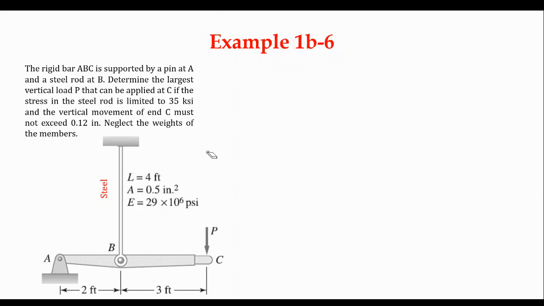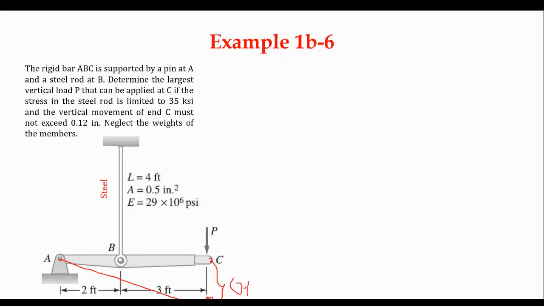Alright, so the question is, what could be the largest P applied here if the stress in the steel is limited to 35 KSI and the allowed movement of point C is only downward 0.12 inches.